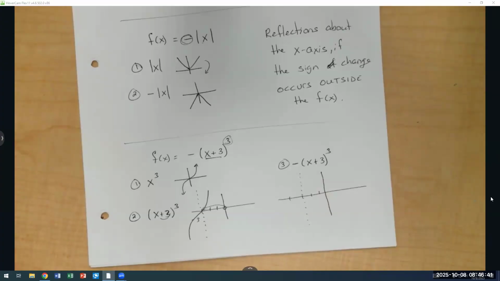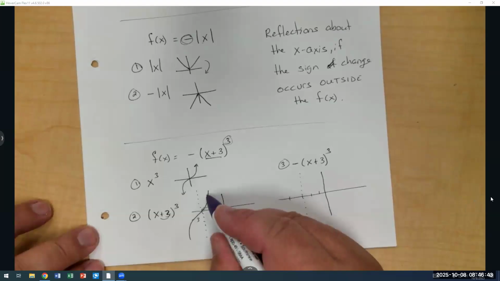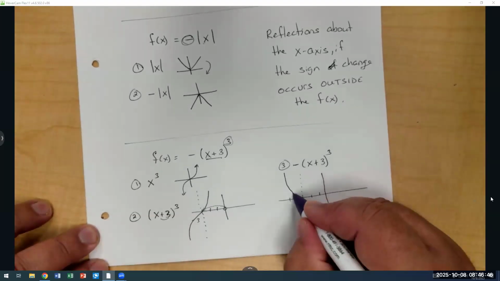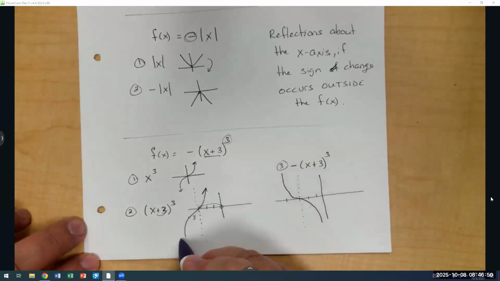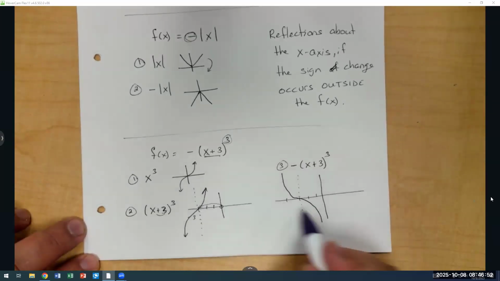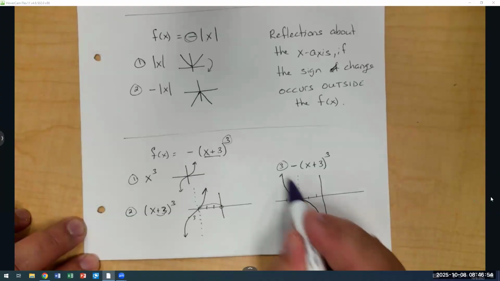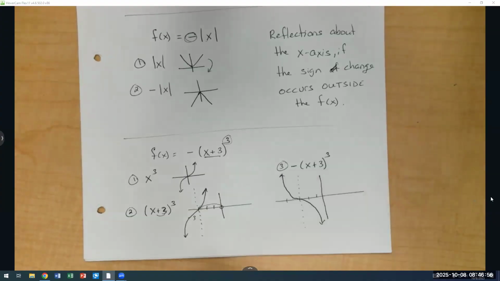Like a bicycle pedal. You push this one down, so it now looks like this. Instead of being an increasing function where it goes up to the left, it now goes down to the left. It's a decreasing function. And there's your new graph. Just by looking at them, this is what they're telling us. So far, so good?